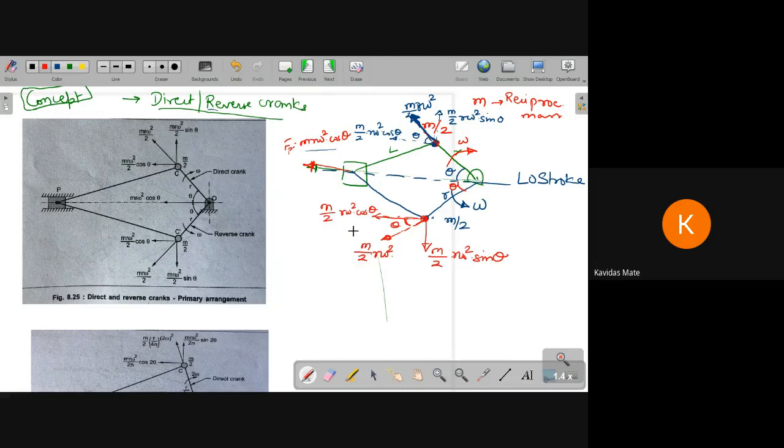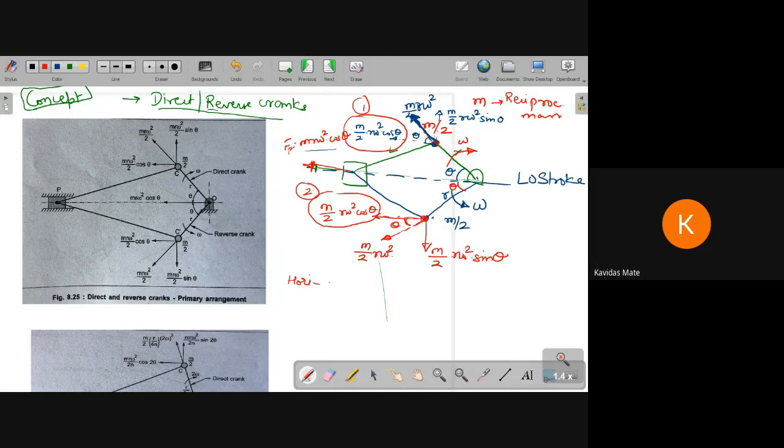If you see these two along the horizontal line, m by 2 r omega square cos theta, this one and this one, they are in the same direction. So addition of these two will give me, along horizontal, the total.